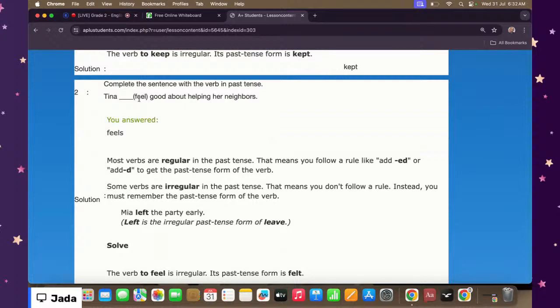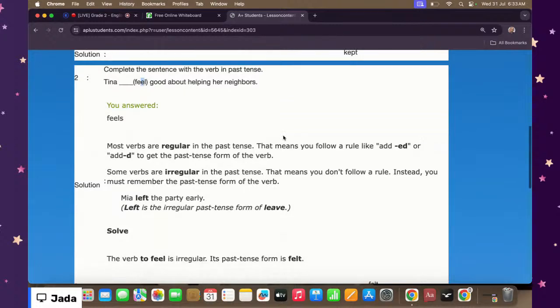Now, feel is the present and it's in the brackets. So what is the past tense of feel? Tina felt good about helping her neighbors. Felt, because felt is the past tense of feel. So she felt.